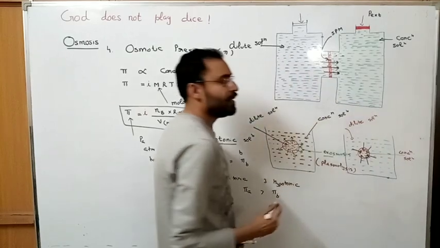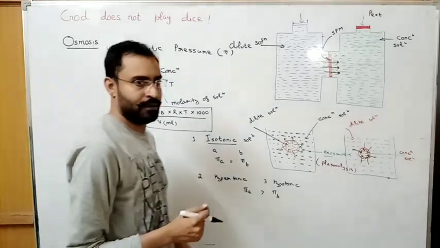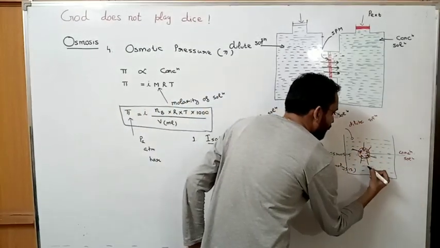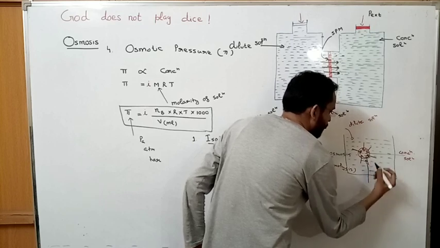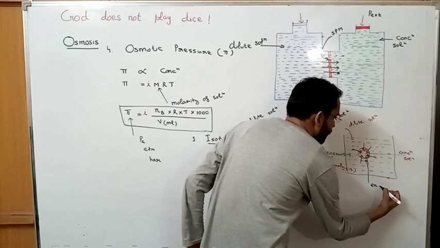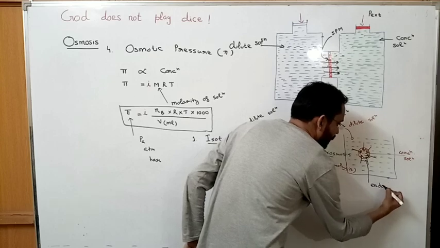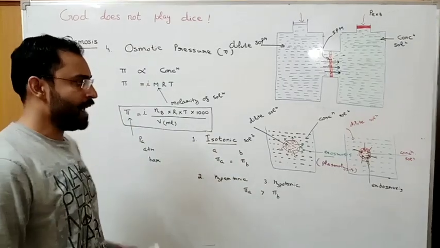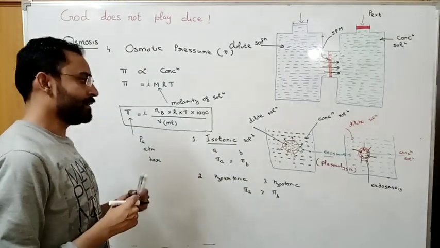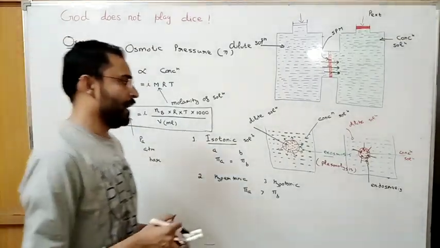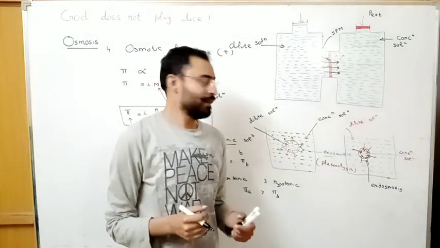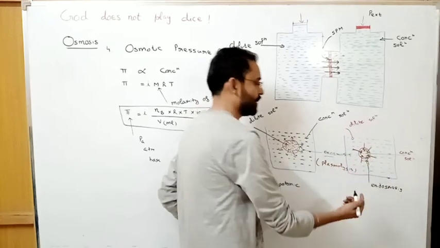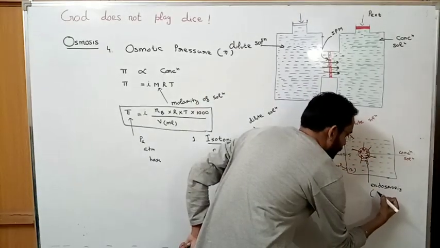This results in swelling of the resin. What will happen? Size will increase. This phenomenon is known as endosmosis, and endosmosis results in swelling and ultimately rupture of the particle of the substance which is taken, known as hemolysis.